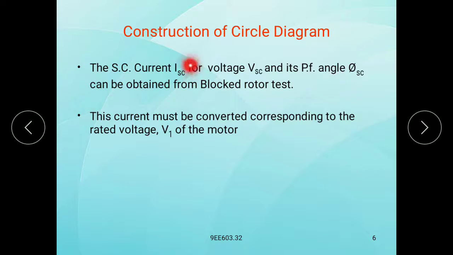This current is given for VSC, and it must be converted corresponding to the rated voltage V1 of the motor.